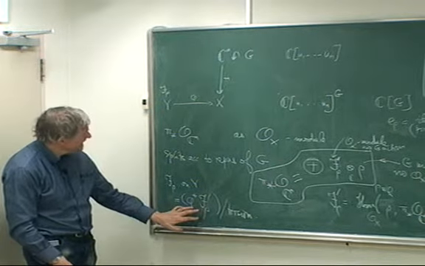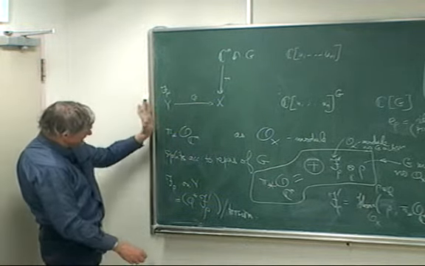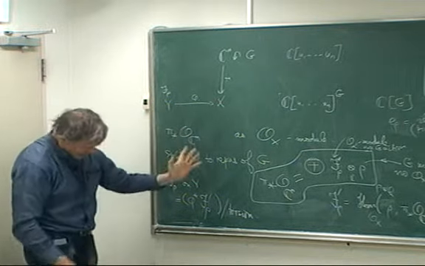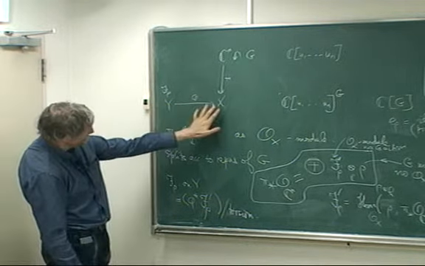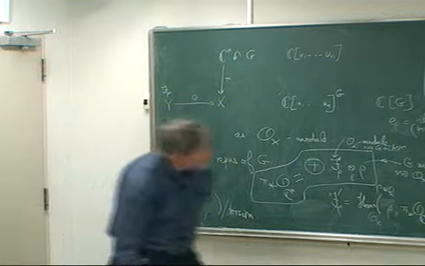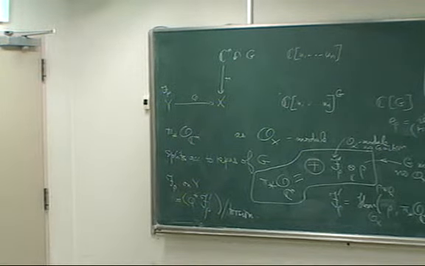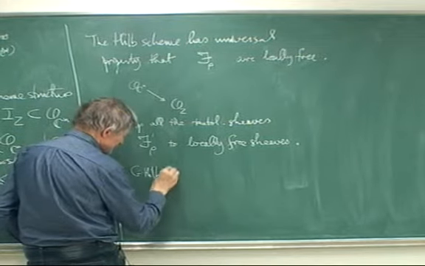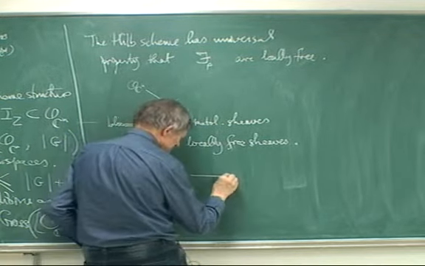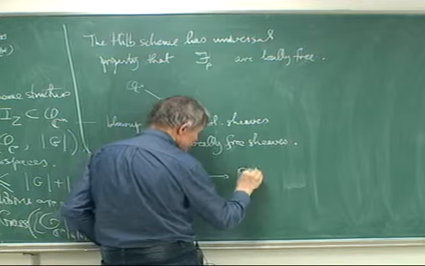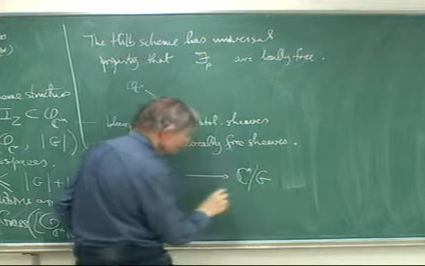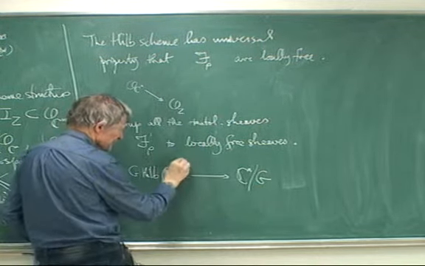So, namely, the Hilbert... I'm not choosing a resolution here. At the moment, I'm describing G Hilb of Cn, which has a morphism to Cn over G. It's called the Hilbert-Chow morphism.